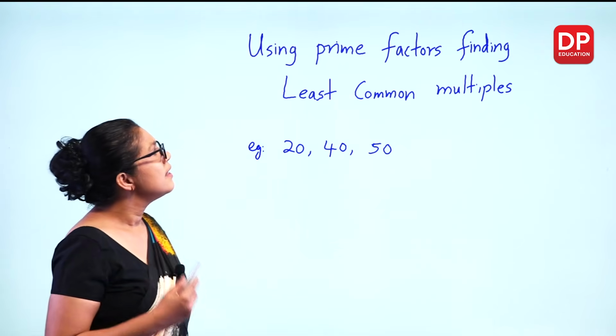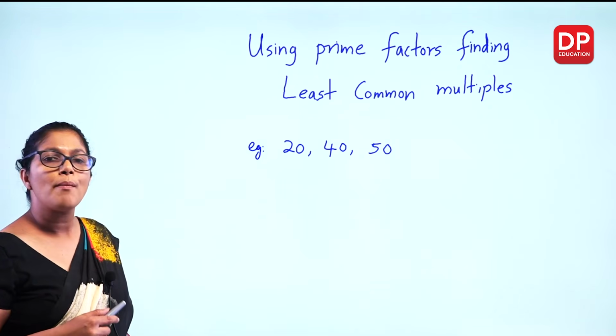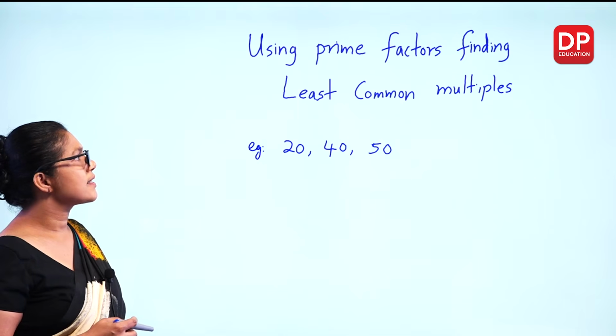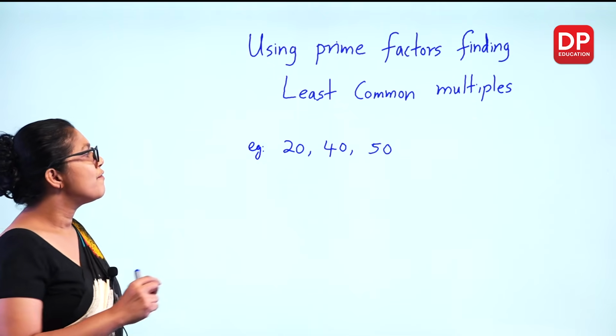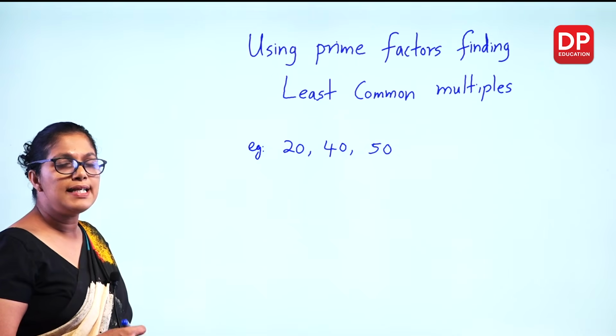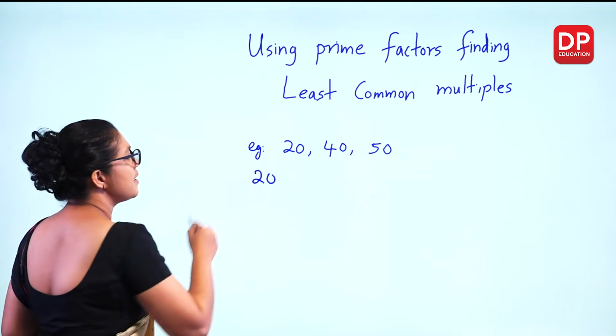Now we'll see another method to find out the least common multiple. We call this using prime factors. What we do is find the separate prime factors and see what the least common multiple is. We'll take 20.